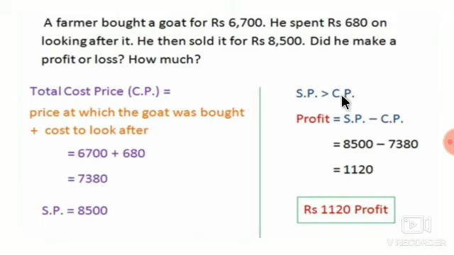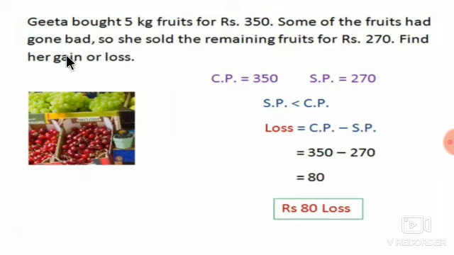So SP is greater than CP, 8,500 is greater than 7,380, so it is a profit. Use the formula of the profit, SP minus CP, and put the values in the formula. Profit is 1,120 rupees.